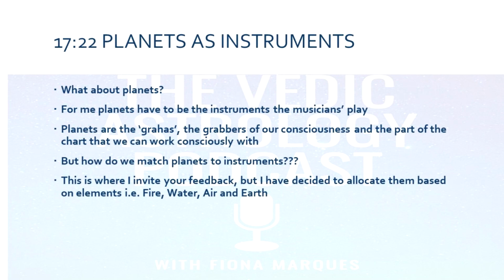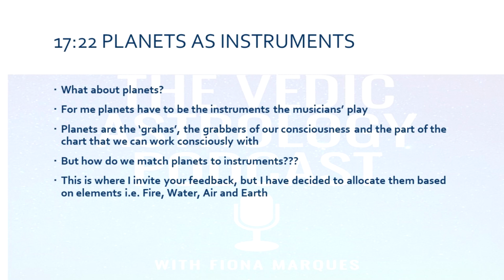Okay, so we've looked at signs being key signature, and we've looked at houses as being the movements of the symphony. What's next? Let's look at planets, another very foundational element of Vedic astrology, and really important for me. Planets are the instruments that the musicians play in the orchestra.